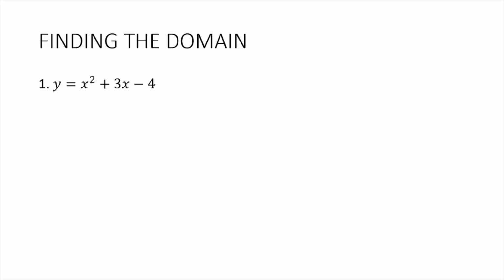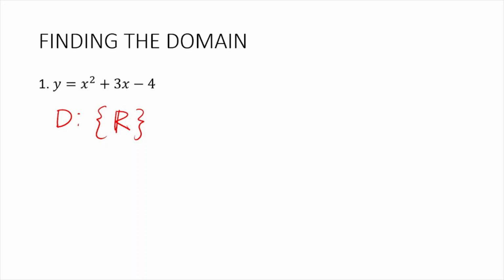So in this case, it obviously does not involve a radical. Therefore, there will be no restriction in terms of imaginary numbers. So for this particular function, since there are no restrictions, we write the domain as the set of all real numbers.